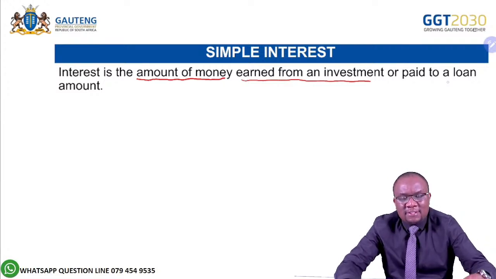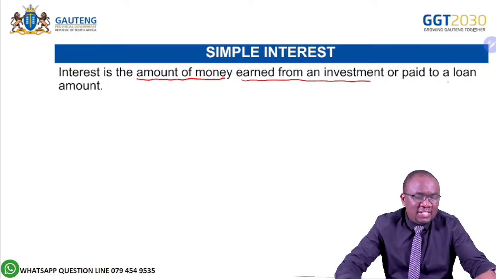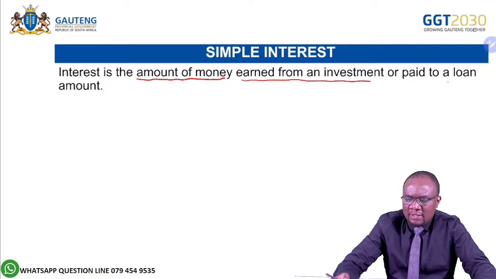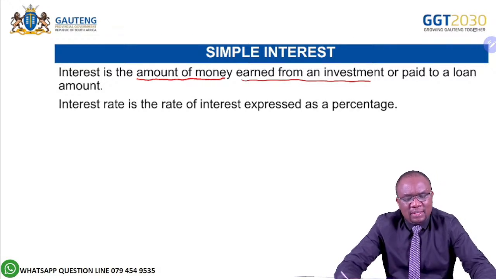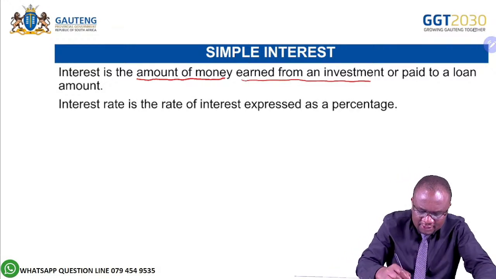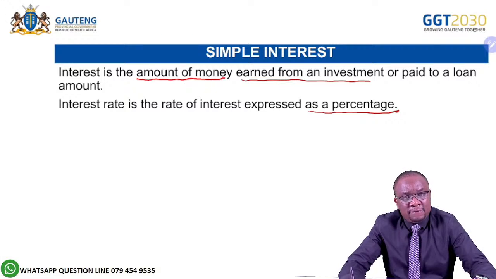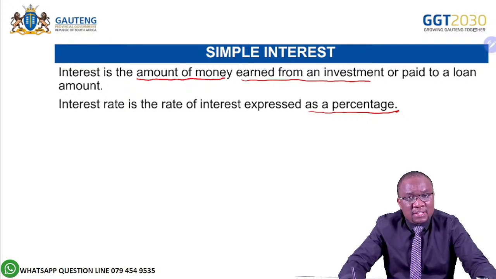Interest is an amount of money, in rands if you invested in rands. The interest rate is the rate of interest expressed as a percentage. So you must know the difference: the interest rate is the percentage, and interest is the amount of money.